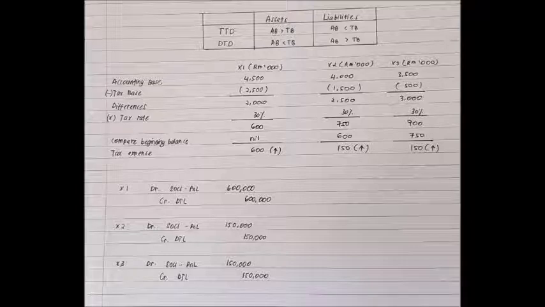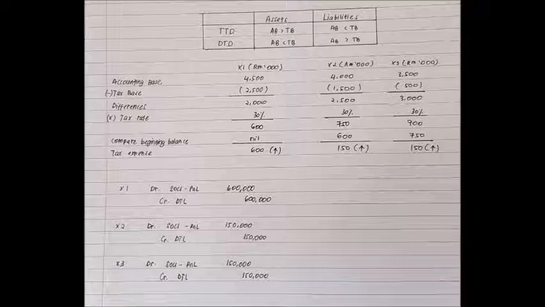Same goes to year X2. 4 million ringgit of accounting base is higher than 1.5 million ringgit of tax base, equal to 2.5 million ringgit under TTD, times 30%, equal to 750,000. There is a brought forward of 600,000 from year X1. Then we take 750,000 minus 600,000, equal to 150,000.